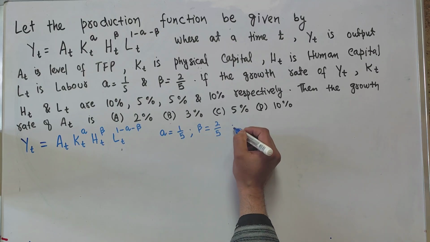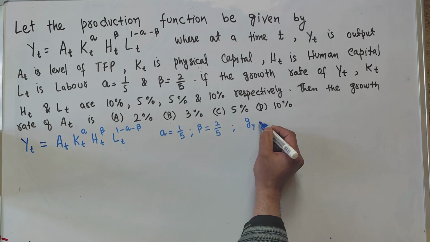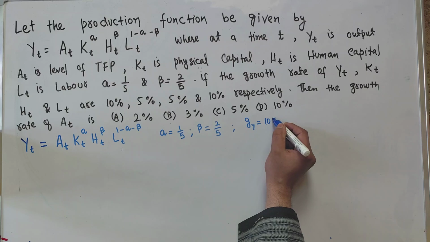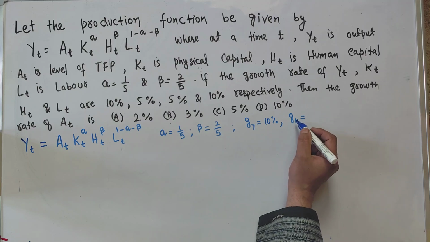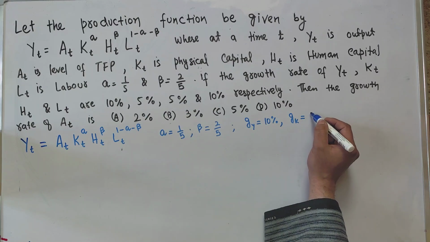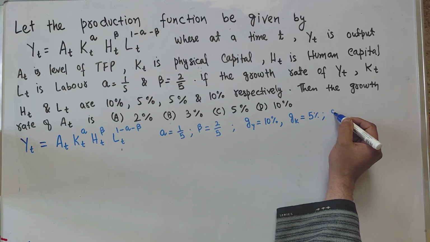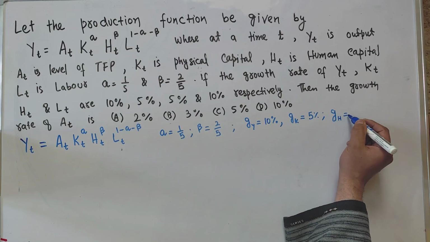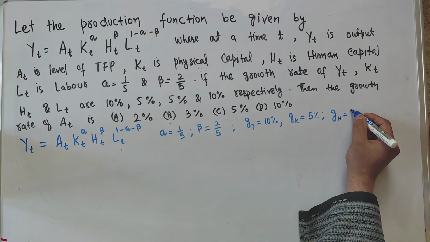Also we are given the growth rate, let's denote it by G subscript Y. The growth rate of output is given as 10%, G subscript K, the growth rate of physical capital, is 5%, and the growth rate of H_t, that is human capital, is also 5%.